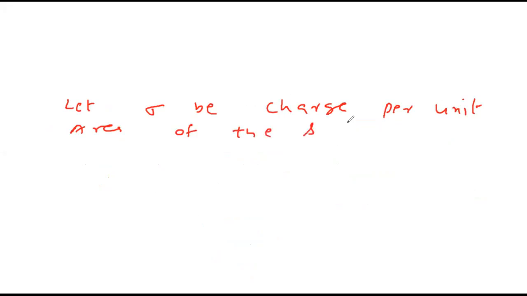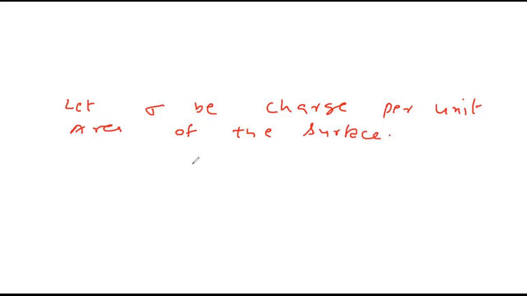Let sigma be the charge per unit area of the surface. This is also called the surface charge density.